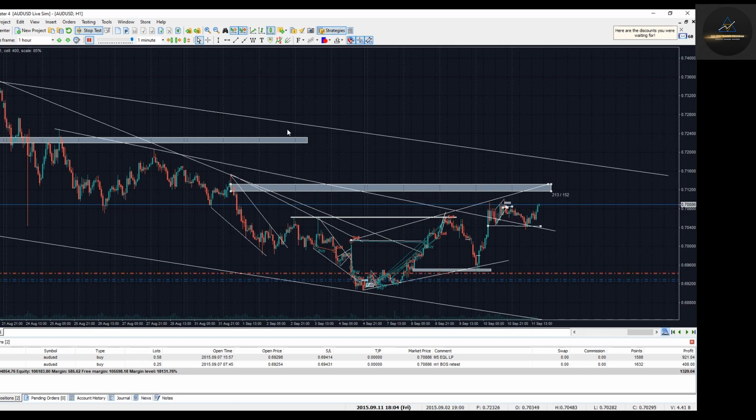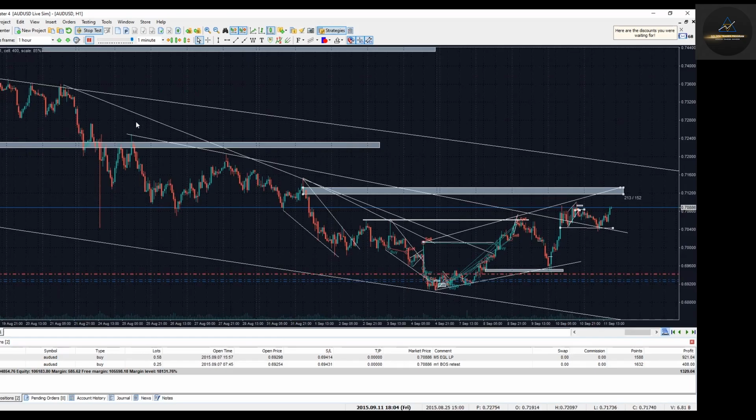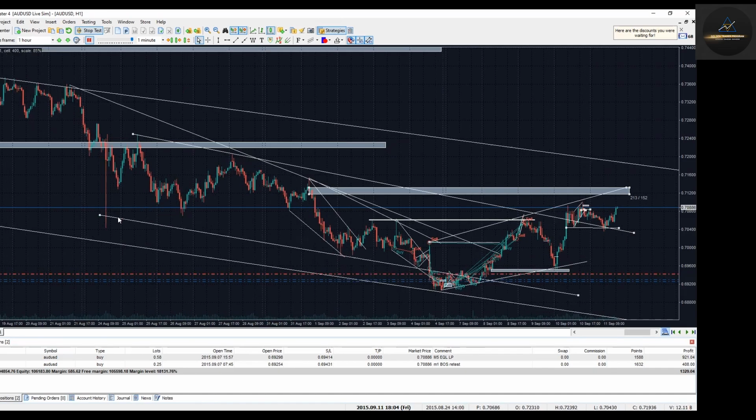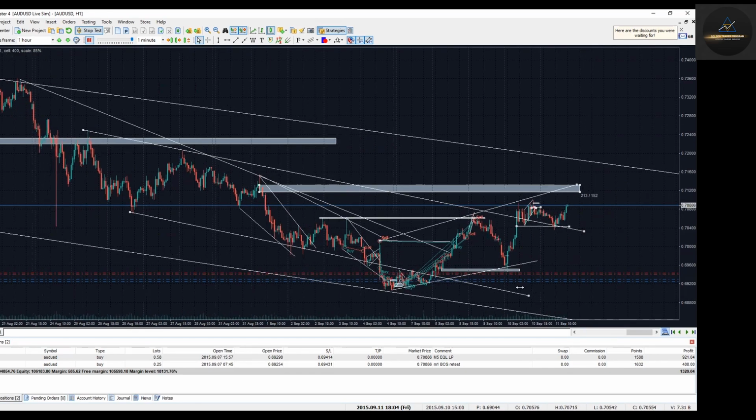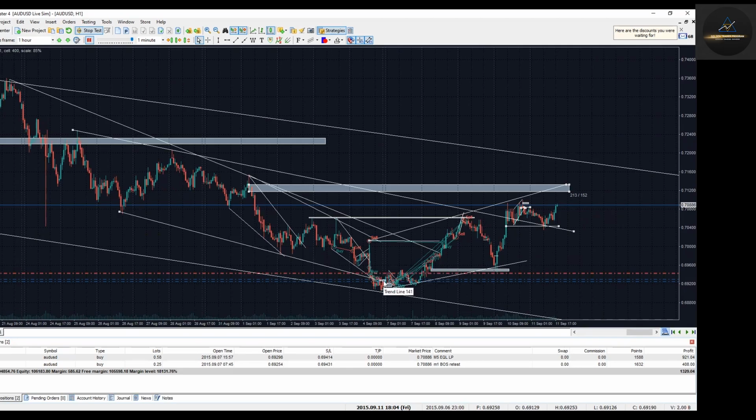Look at this. We've got 1, 2, 1, 2, 3, 4, 5. Oh, this is a very strong breakout. Look at this. Here we go. I know it's a bit messy.